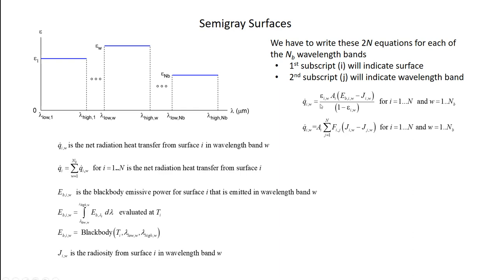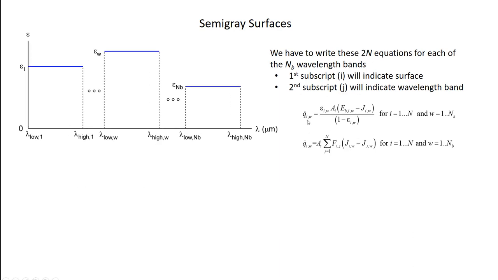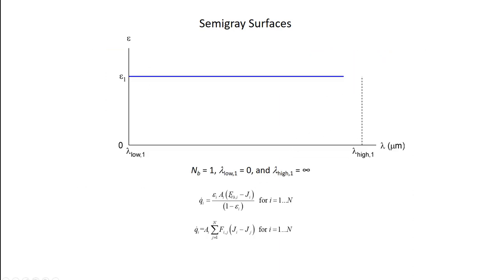All right, so we have A done, we have epsilon done, we have Q dot done. How about this guy right here? This is E sub B IW. So this is the blackbody emissive power that occurs for surface I. So previously, when I had this set of equations, this was the blackbody emissive power for surface I. This was just sigma Ti to the fourth, right? This was over all wavelength bands, how much did my blackbody emit, right?